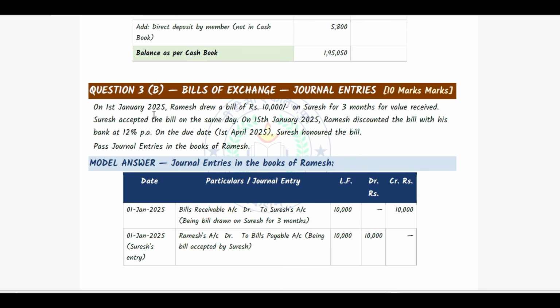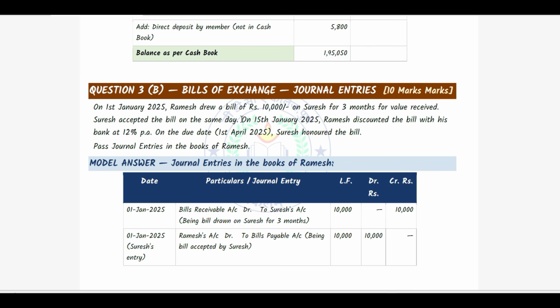On 1st January 2025, Ramesh drew a bill of 10,000 rupees on Suresh for 3 months, for value received. Suresh accepted the bill on the same day, that is on 1st January.